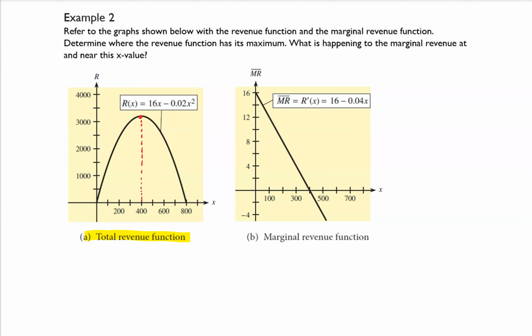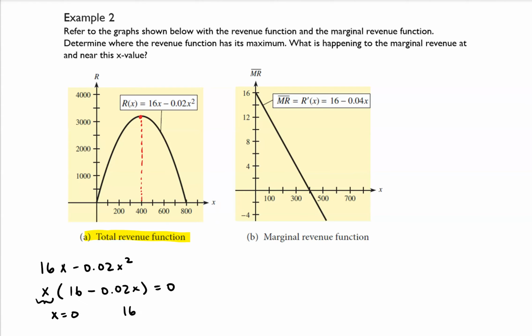So let's do that really quickly. I have the function 16x minus 0.02x squared. If I factor out an x, I'd get x times 16 minus 0.02x. If I set both of those factors equal to 0, I would get x equals 0.